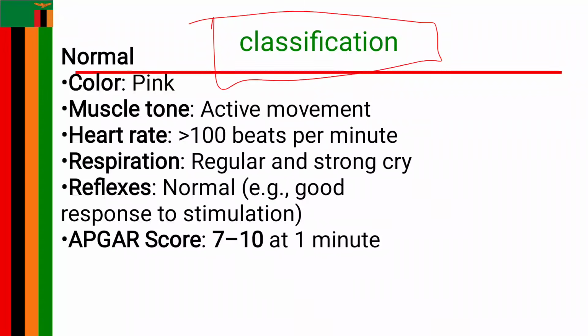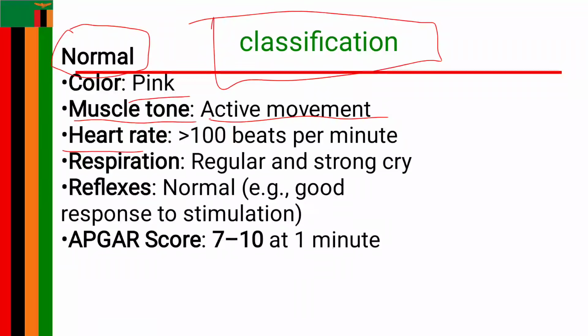And in terms of classification, we have what is called as the normal, where in terms of the normal, you look at the color. Remember, we are talking of the APGAR score. APGAR score, you are talking of the appearance, the pulse, the grimace, you're talking of the activeness, and also the respiration. So in terms of the color, normal, the baby should be pink. The muscle tone, the baby should have active movements.